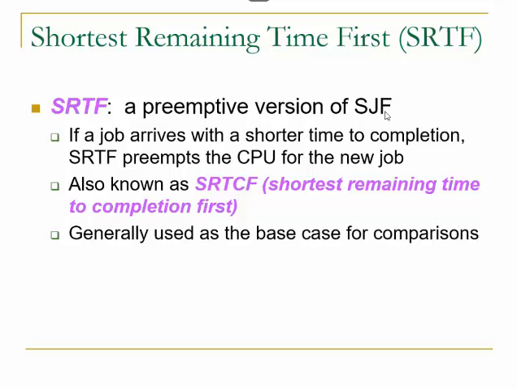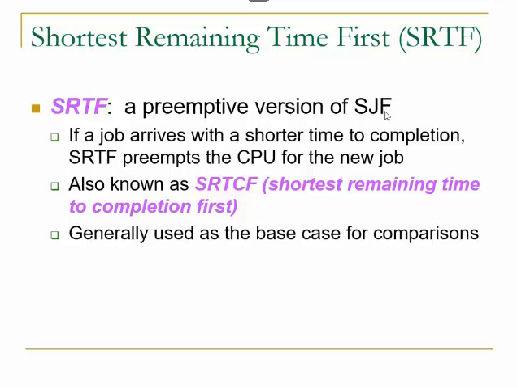Shortest remaining time first: a preemptive version of shortest job first is called shortest remaining time first. If a job arrives with a shorter time in the ready queue, then the currently running process is preempted and the shorter process gets executed.